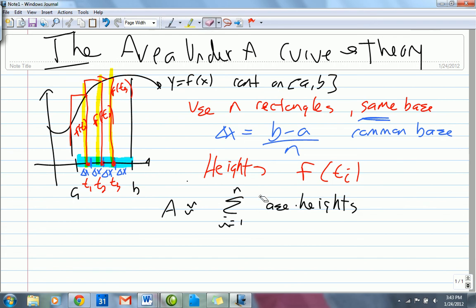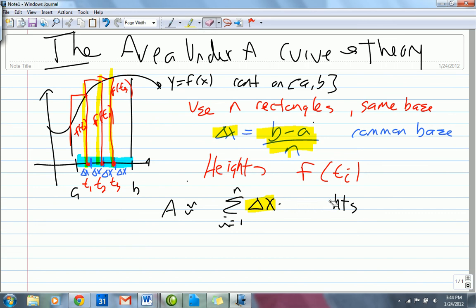Now we're going to rename the common base, the same base for all of those rectangles, as delta x. If you need a formula for it, it's just the length of the whole interval from a to b, which is b minus a over n. So that is your delta x, the common base for all of those n rectangles, and it's always the same, by the way in which we set this up.